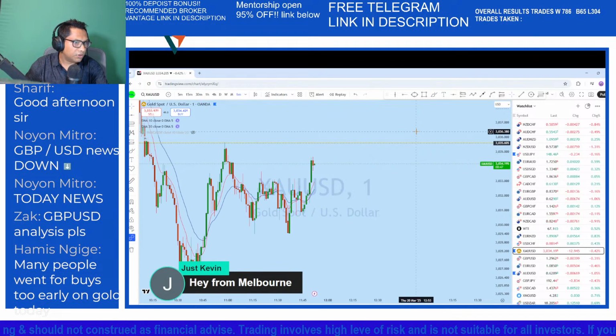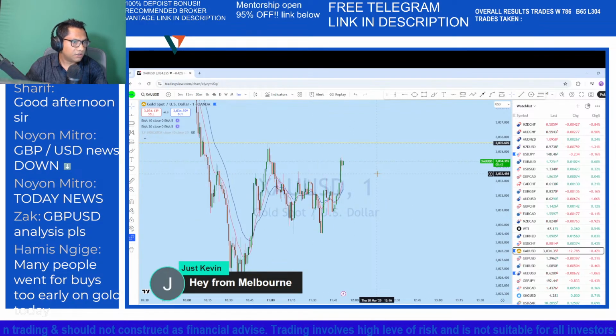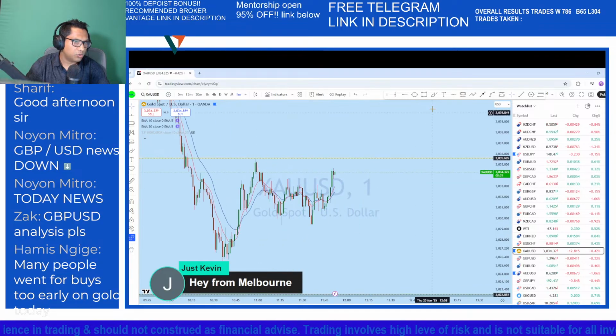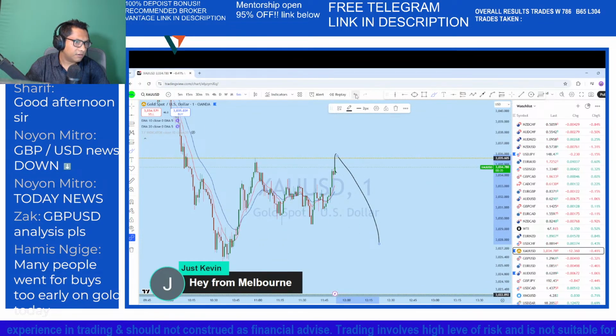So here is the doji formation on XAUSD, and we can expect the market to move up again and then come back here.